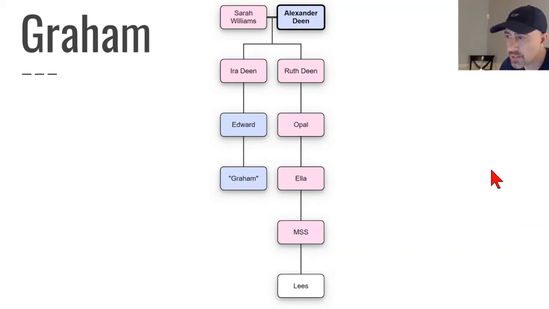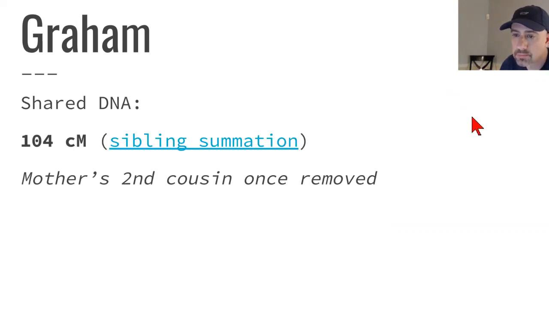So this illustrates the closer relationship, the second cousin twice removed relationship. This is Graham, this is my family, and these are our closest shared ancestors. So looking at the DNA that Graham shares with my family, it comes to a total of 104 centimorgans, which fits nicely with my mother's second cousin once removed relationship with Graham.